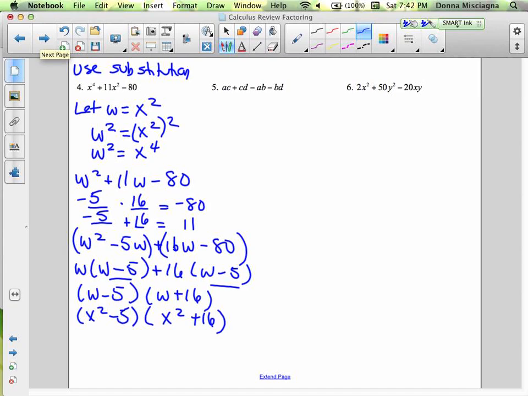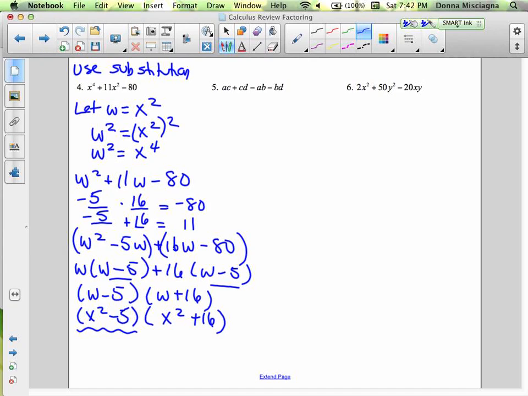You can factor this. Really, you could just leave it as x squared minus 5. And if you were solving, right, then you'd have x squared minus 5 equals 0. And add 5 to both sides and take a square root of both sides, right?